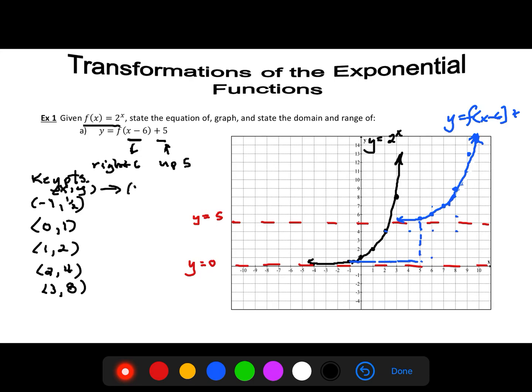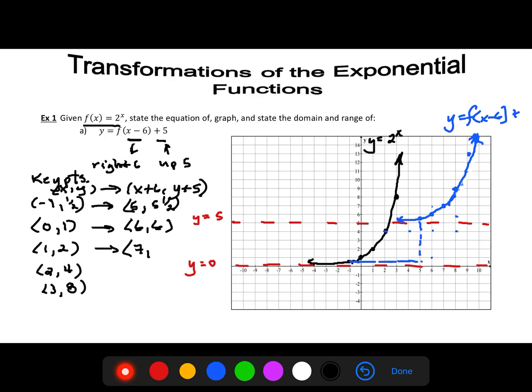Our points (x, y) are going to become (x + 6, y + 5): we're adding 6 to our x values and adding 5 to our y values. So we can actually calculate our points and then plot them. We have -1 plus 6 gives us 5, and 5.5.